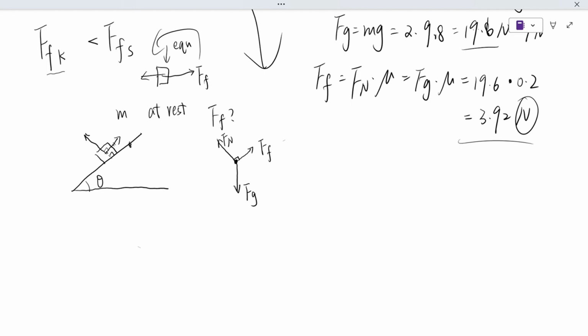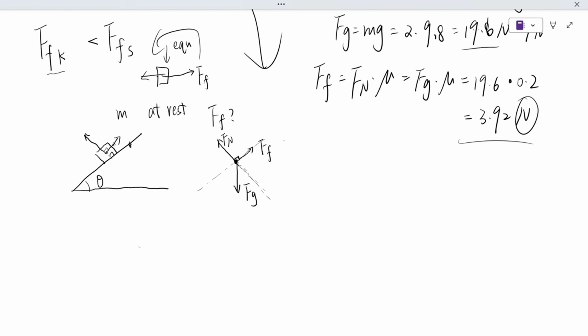So what are we going to do next? We're going to break those forces into components. As we can see, there's already a 90 degrees over here. So let's draw an axis like this. Let's break Fg down, because Fg is a force we know. So this is the axis, this is Fg, this is Ff, this is Fn.